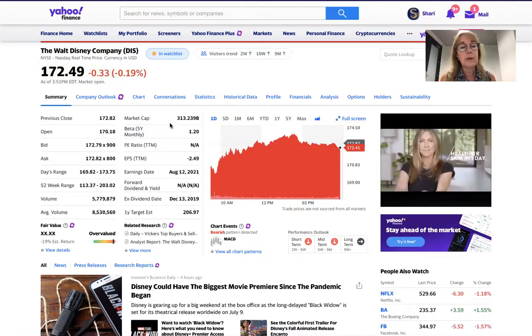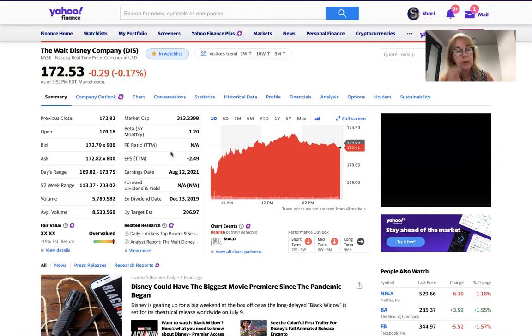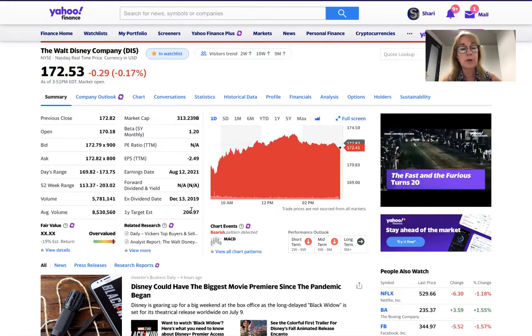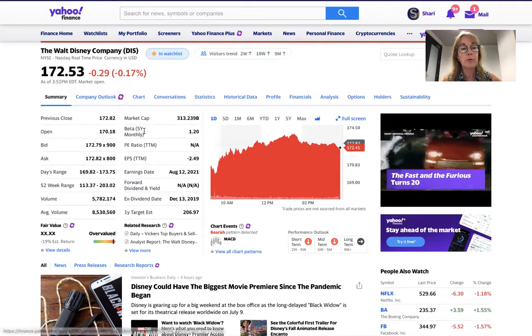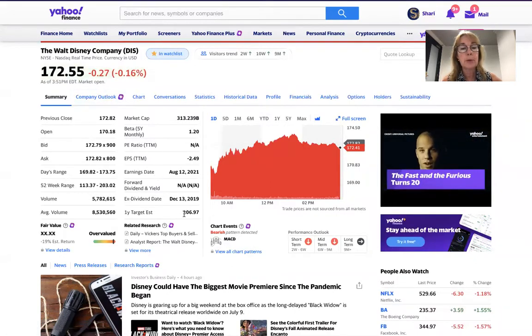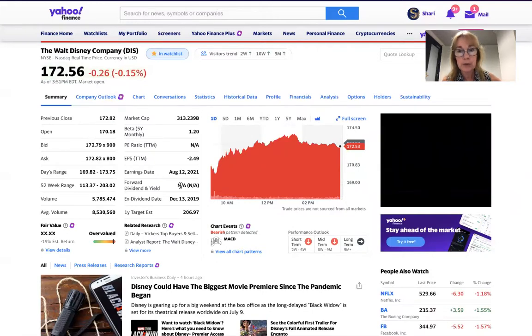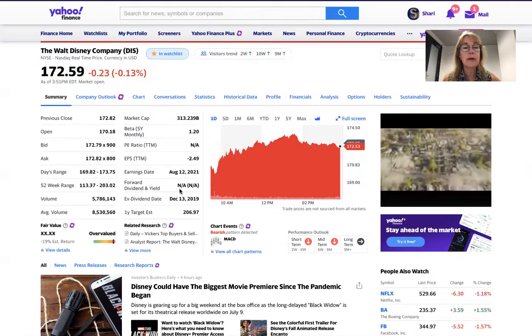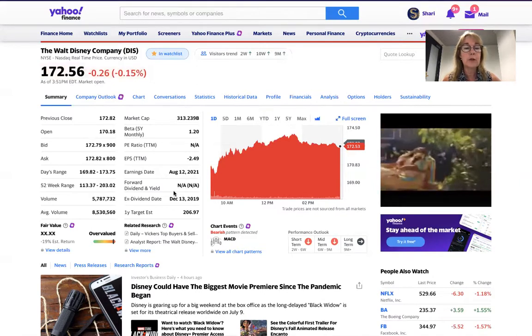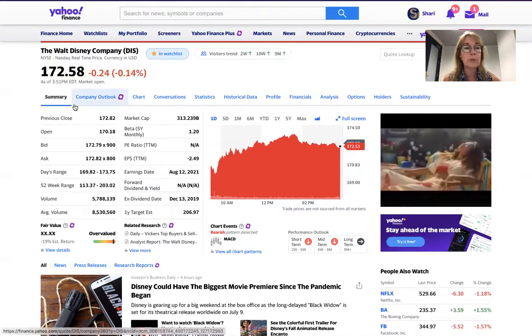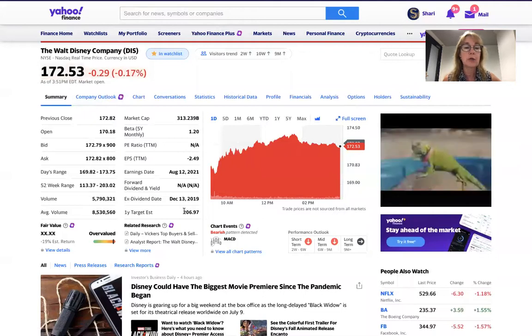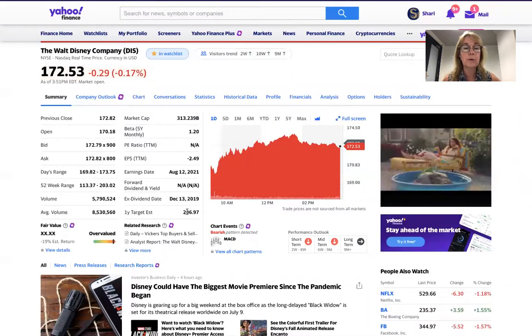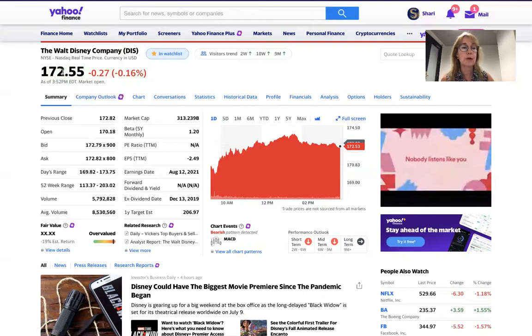All right, now I'm going to calculate the expected return. The expected return is the percentage return from where it's trading now to its target price, plus whatever the dividend yield is. That's going to be my total expected return. And they don't have a dividend yield for Disney. So all we're going to do is find the percentage change between this average target and what it's trading for today.